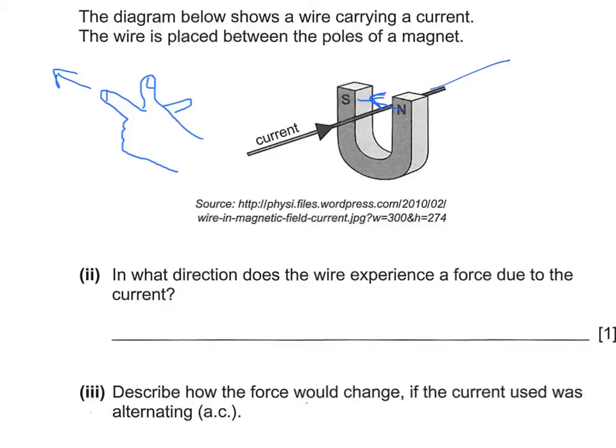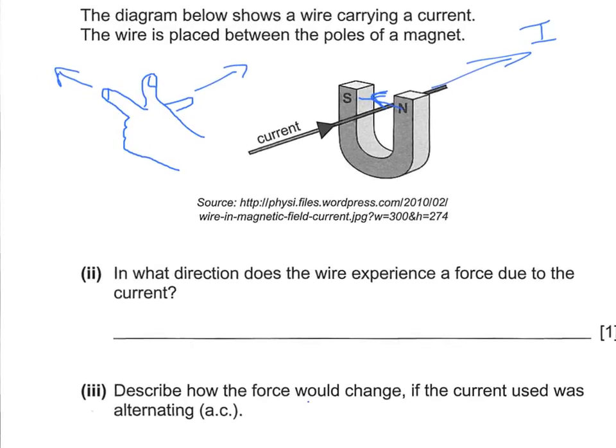Current is going this way, and so we've got our current finger pointing the correct way. When we've got our current finger and our magnetic field finger pointing the correct way for our left hand, we find that our thumb is then pointing up at that point, which means the force on this wire will be an upward force.